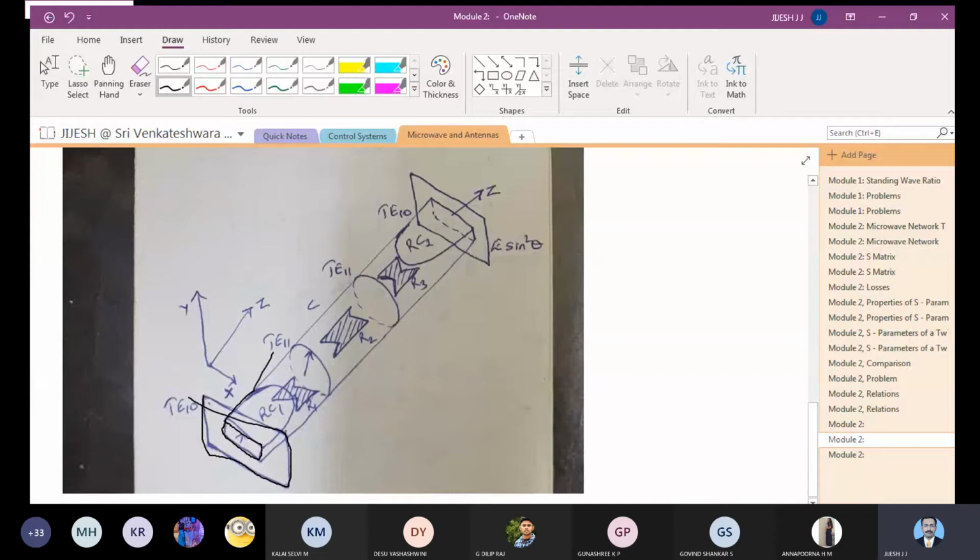So these lines, and then you can draw this section and this one. So draw this.